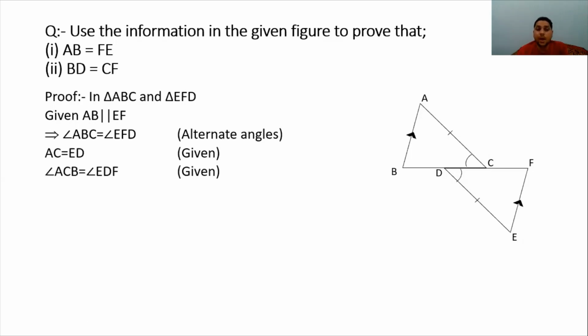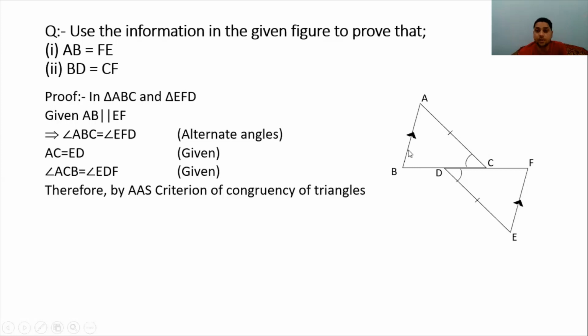Then angle ACB is also equal to angle EDF, which is also given in the figure. So by the angle-side-angle criteria of congruency of triangles, triangle ABC is congruent to triangle EFD.